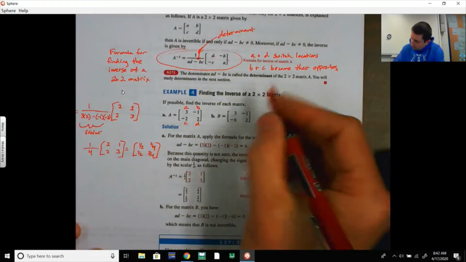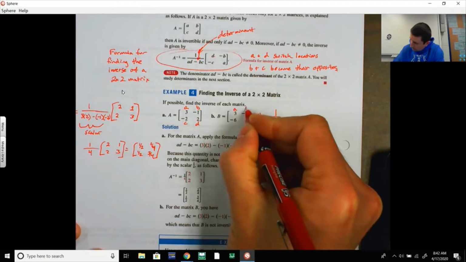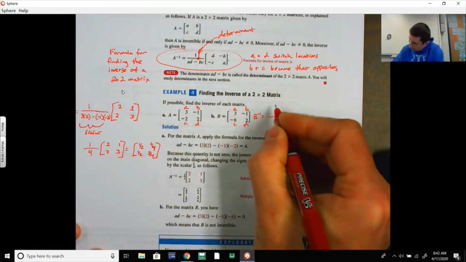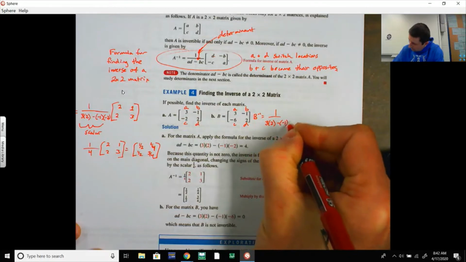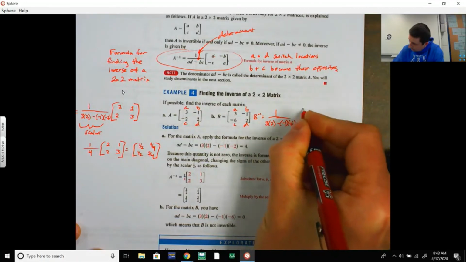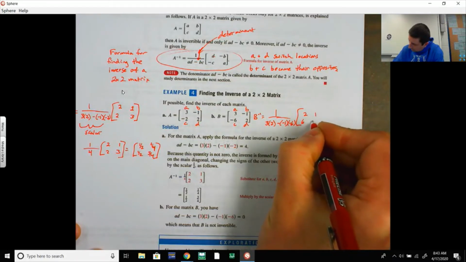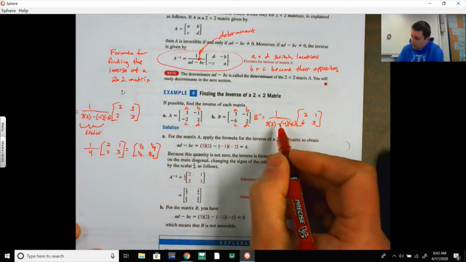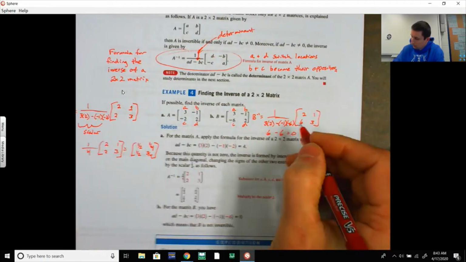So on B, when we go through this, B inverse, 1 over, this is A, B, C, D, 1 over 3 times 2 minus -1 times -6. I'm going to multiply that by 2, 1, 6, 3. Now notice what happens on the bottom here is we get 6 minus 6, and that equals 0.